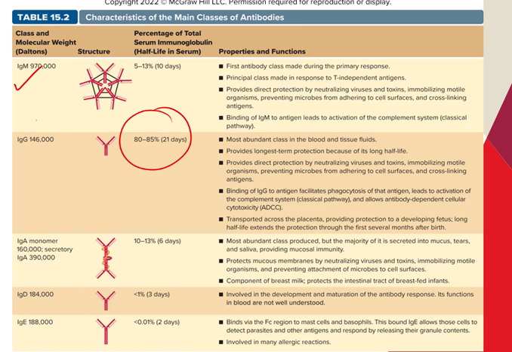And other ones are all present in different parts of the body. For example, IgAs are the ones which are secreted mostly in secretions, like in saliva and in milk and other types of mucus and tears. All of those have the form of antibodies which are IgAs. So we are very well protected with the help of these different types of antibodies.